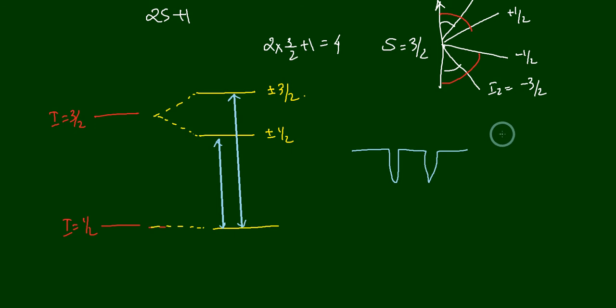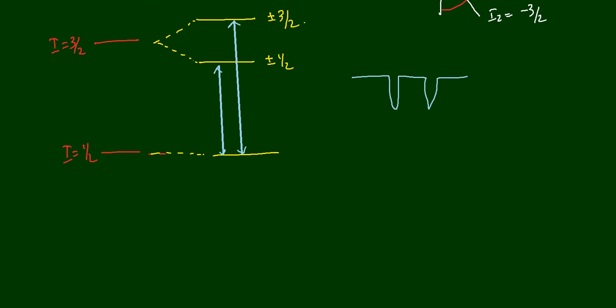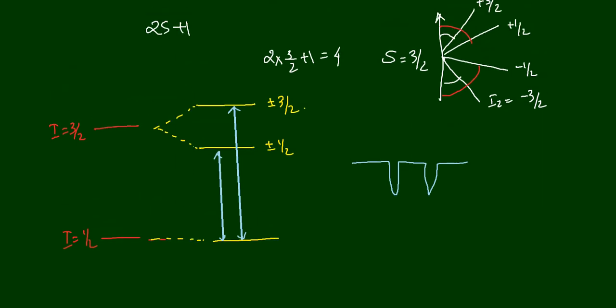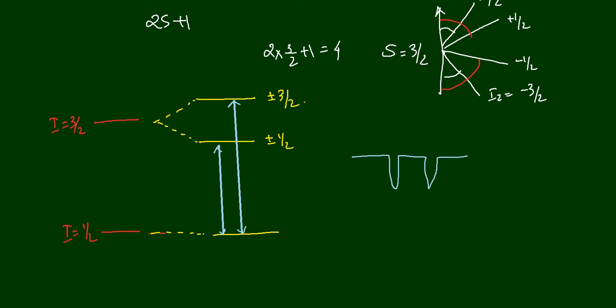What we have to understand here is that I was talking about an electric field. It can be an external electric field, but it is not necessary. Inside the molecule itself there is an electric field, and that electric field is sufficient to bring this type of effect.